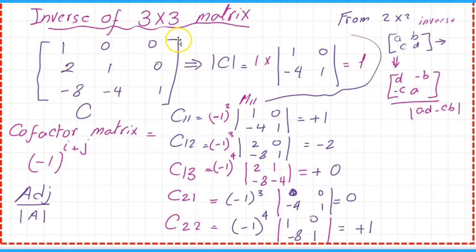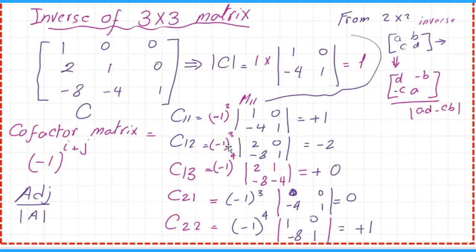C11, we remove the first row and first column. We get the minor, this is the minor M11, minus 1 raised to the power of 2, multiplied by the determinant of the M11 minor matrix, which is 1, so plus 1. C12, we have 2, 0, minus 8, 1.